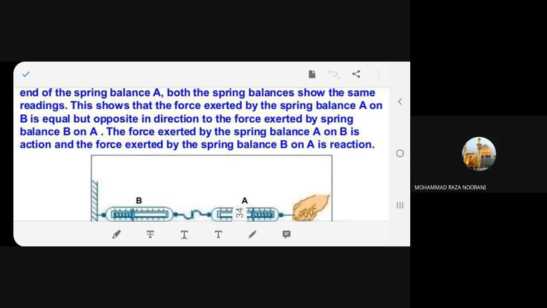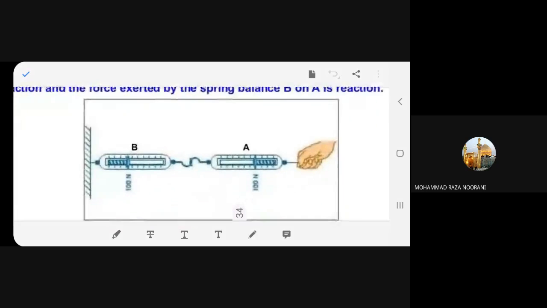This shows that the force exerted by spring balance A on B is equal but opposite in direction to the force exerted by B on A. The force exerted by A on B is action, and the force exerted by B on A is reaction.